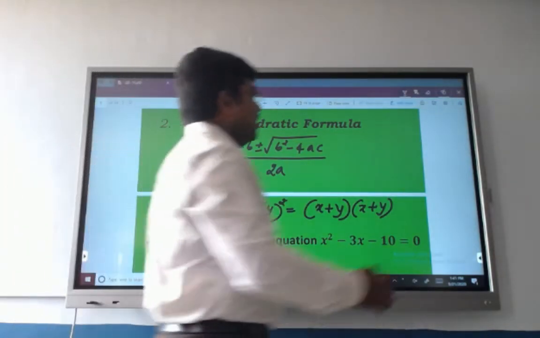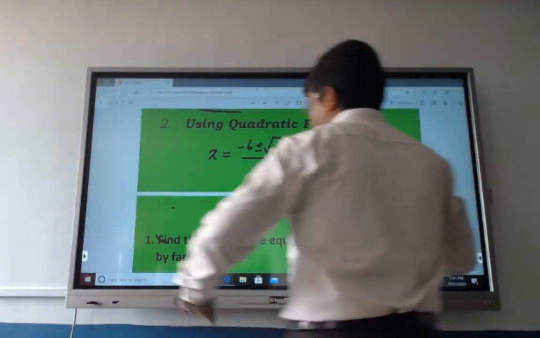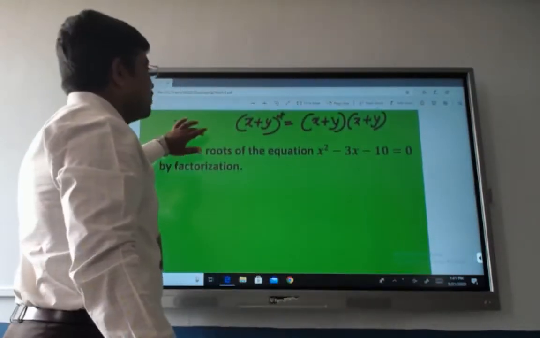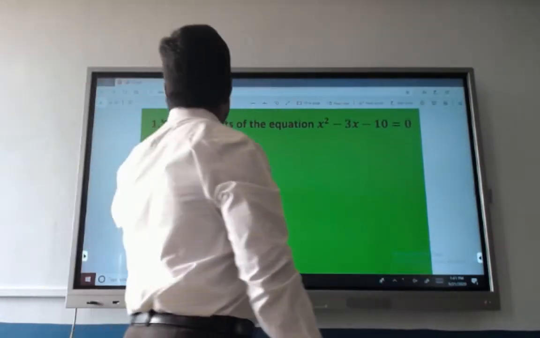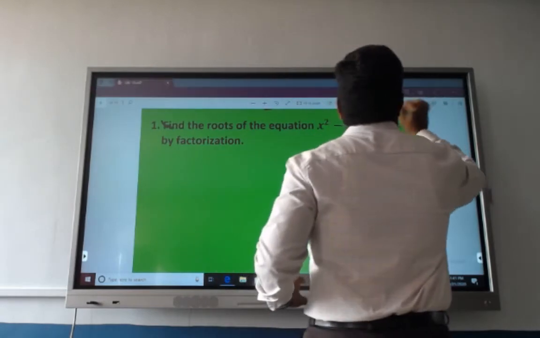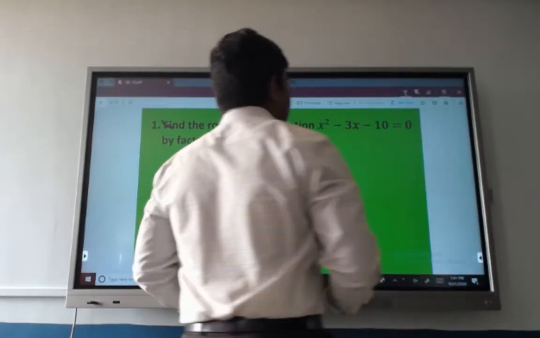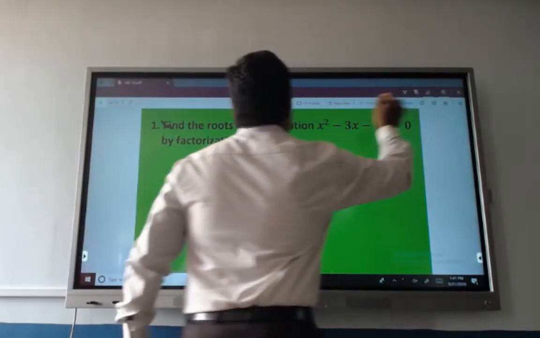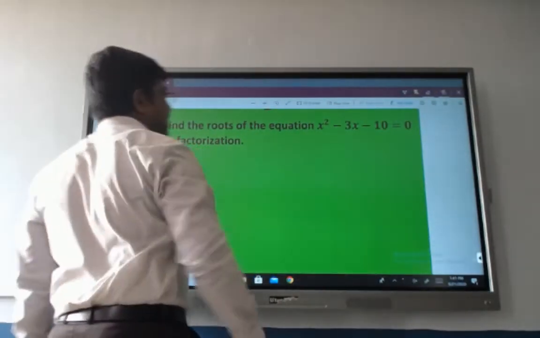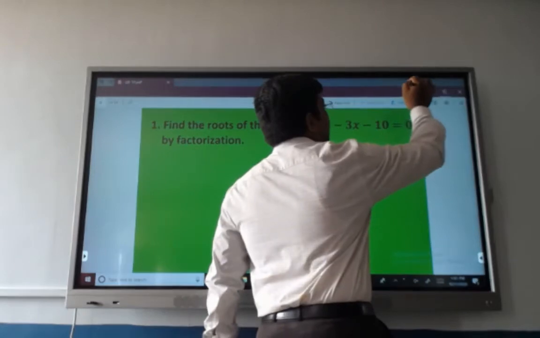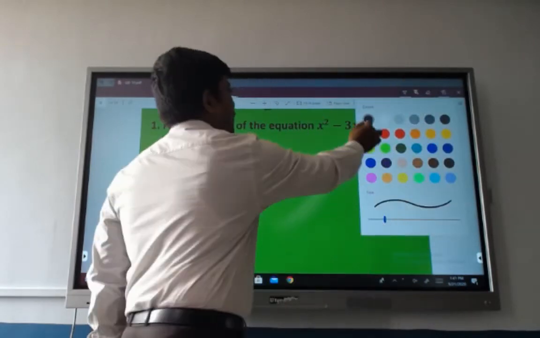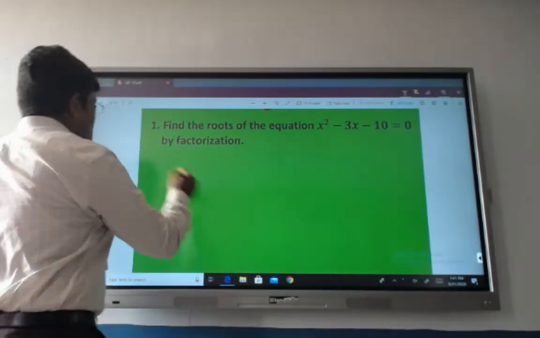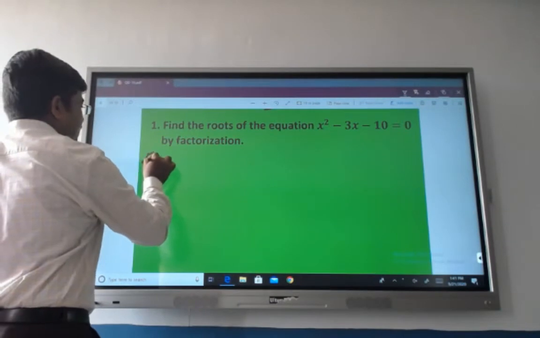So let us solve one example here. Find the roots of the equation x square minus 3x minus 10 is equal to 0. Then how to solve this? By factorization method. See here, the solution part.